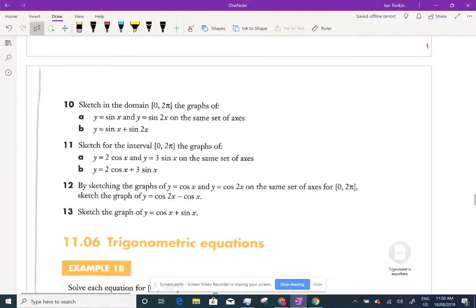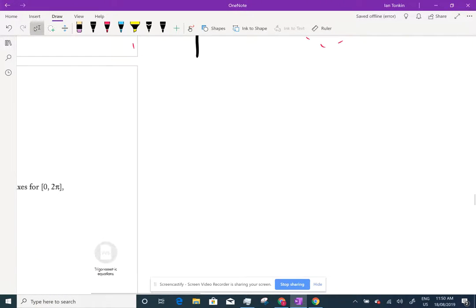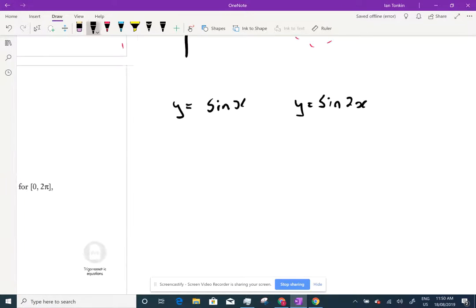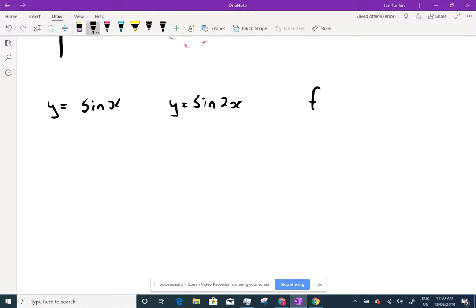So what do we got? Sine x and sine 2x. So I'm going to graph y equals sine x and y equals sine 2x. And then I'm going to graph f of x equals sine x plus sine 2x.